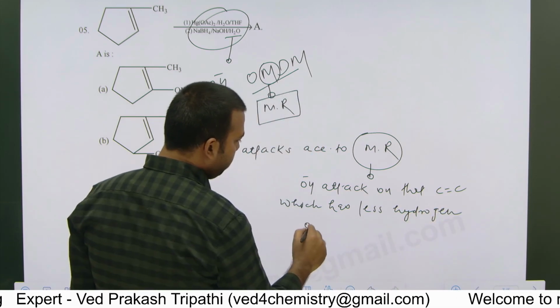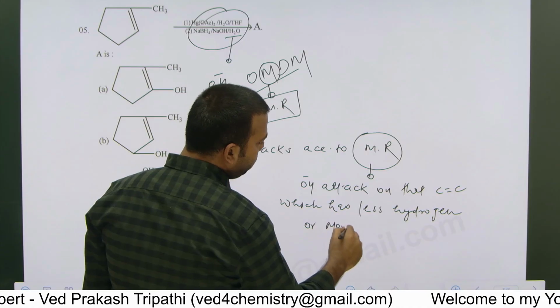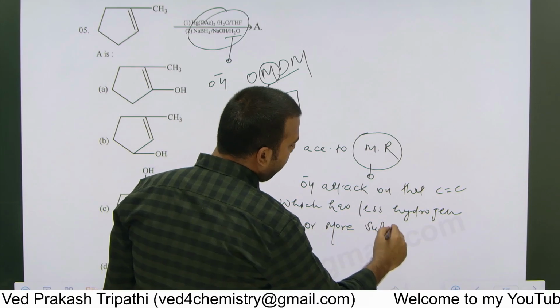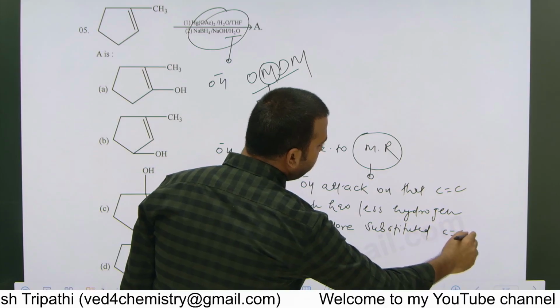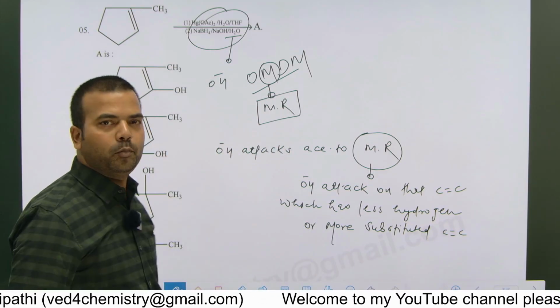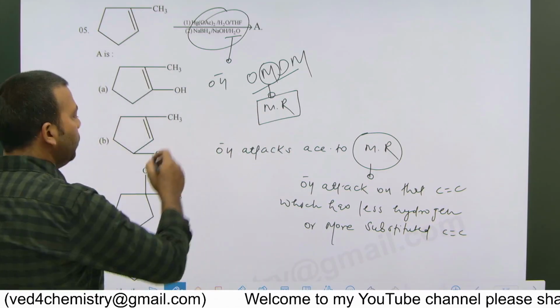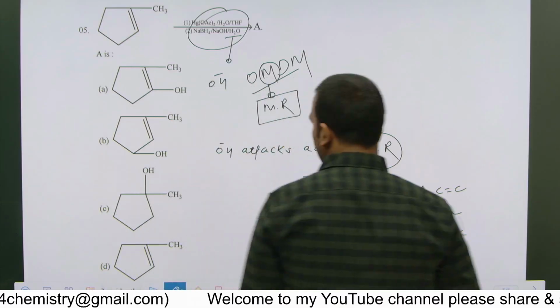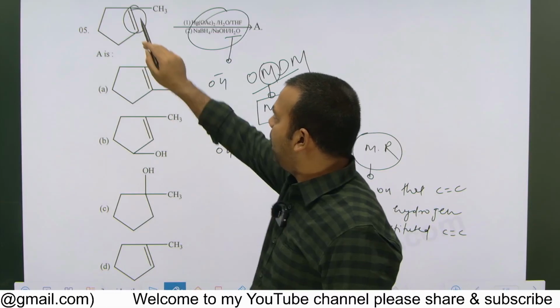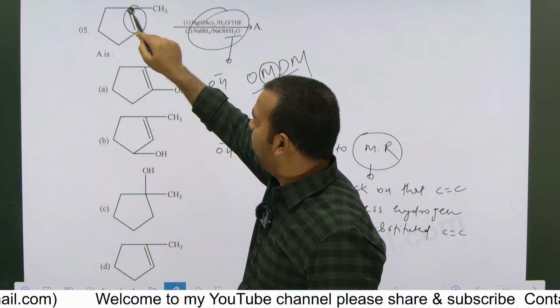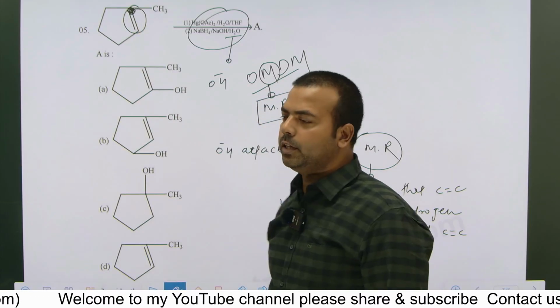or more substituted double bond carbon. Okay, more alkyl chain, more carbon chain. So if you look at this double bond, this carbon has less hydrogen and more substituted carbon chain.